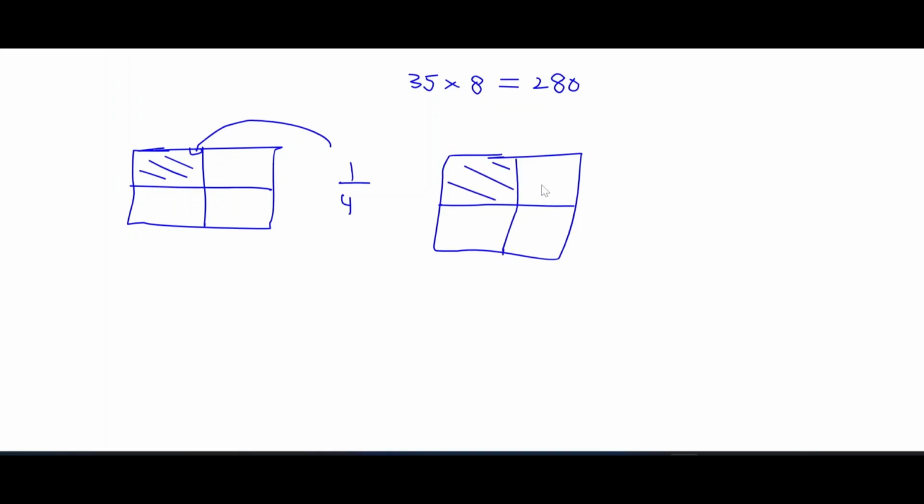When we want to choose 2 boxes from this square, we will write it as 2 by 4. We want to divide the quantity with the denominator. So we want the part of that thing.